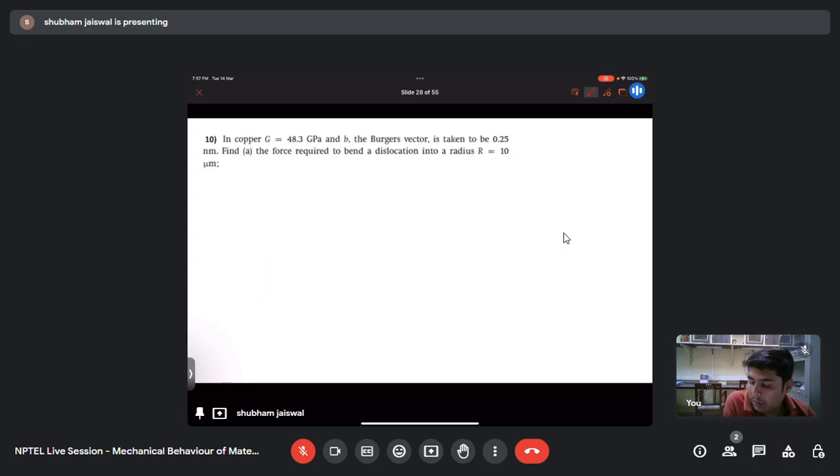Now we have the next question. In copper, G is 48.3 GPa and the Burgers vector is taken to be 0.25 nanometer. They are asking for the force required to bend the dislocation into a radius R equal to 10 micrometer. So here you need to use the equation for line tension and you will get an answer.